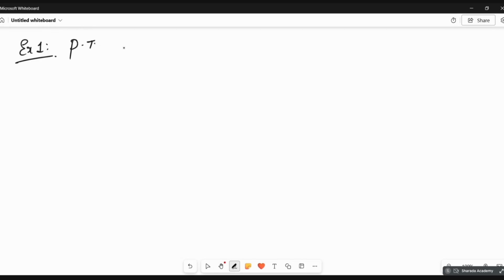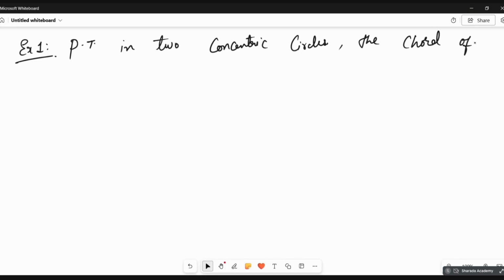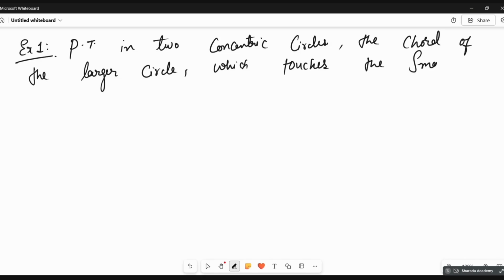Prove that in two concentric circles, the chord of the larger circle, which touches the smaller circle, is bisected at the point of contact.